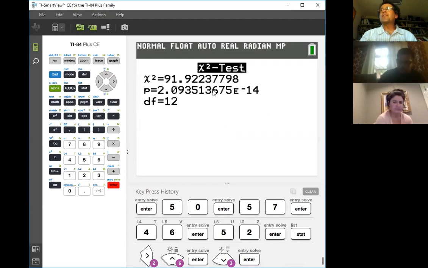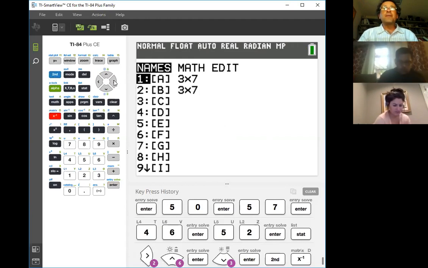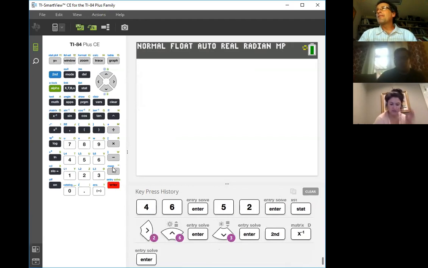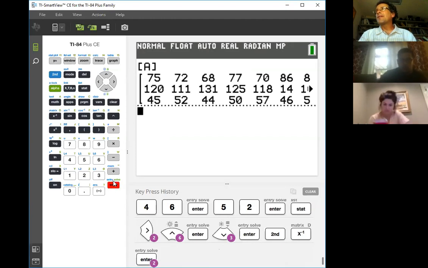Wonder if I had a typo there because I don't remember this p-value. I was going to say, I don't think I got the same thing. Yeah, let me look at my matrix again. Sometimes this computer does not hit all the keys that I want to use. Here we go. 75, 72, 68, 77, 70, 86, maybe 80, 120, 111, 131, 125, 118, 14. There it is. That was supposed to be 124.